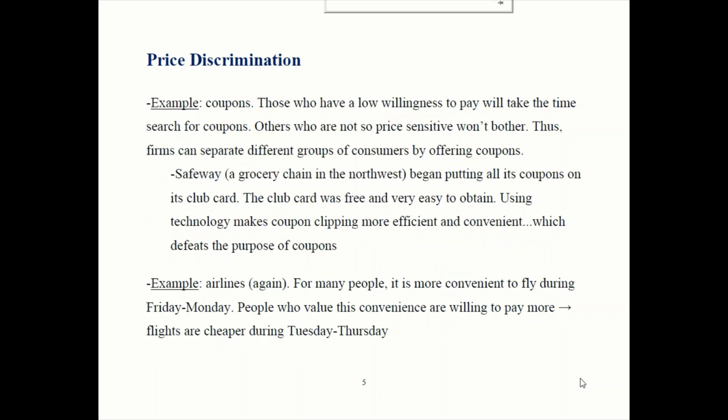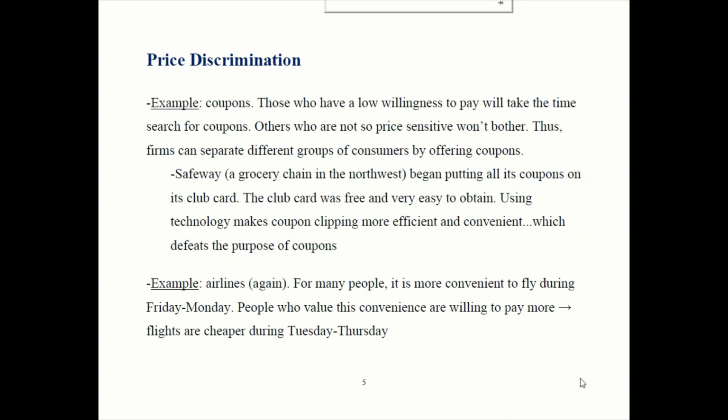Another example, coupons. Coupons are available to just about anyone. You just go through your mail and clip the coupons you want. Now, the idea though is that it's rather inconvenient. It's time consuming to clip coupons.